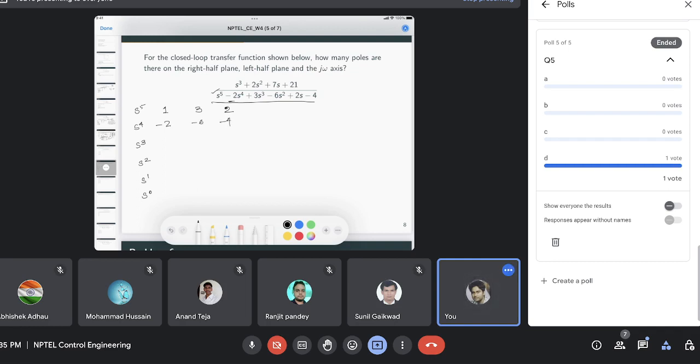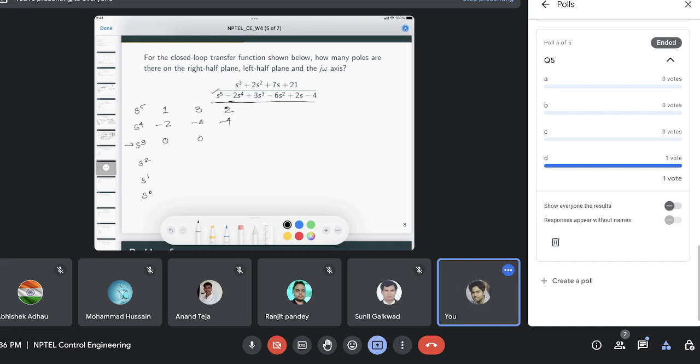Just compute this table. You have -2, the simple computation, plus 6 equal to 0, and you can check this is also 0. So you have a row of 0 in S3.